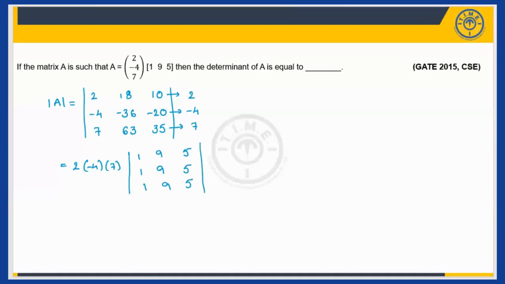Now if any two rows or two columns in the determinant are identical, then the det value is 0. Right.